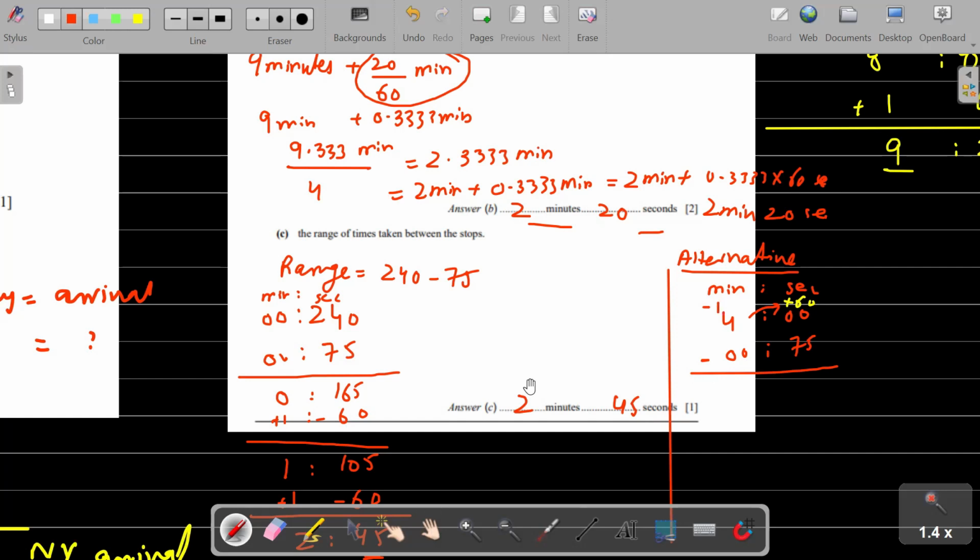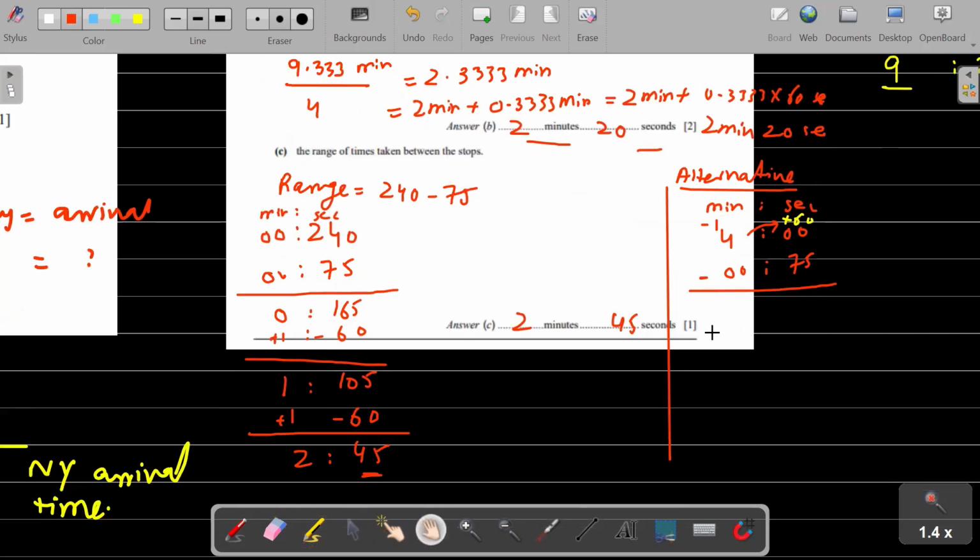Now let's rewrite it. After rewriting it, it's going to be 60 and it will become 3. Now let's see if we are going to add or subtract. Again, my 60 is less than 75. Okay, then we again have to borrow something. So what will I be doing? I will borrow 60 again and I will subtract 1 in the minute section.